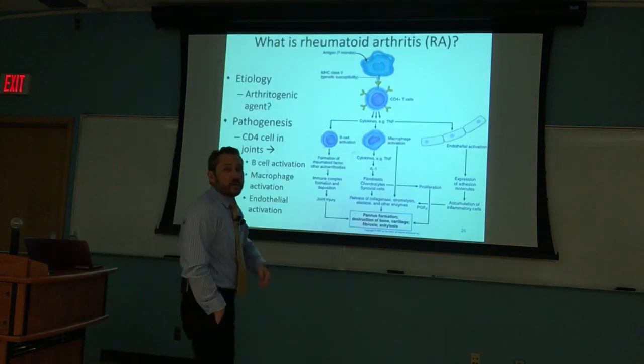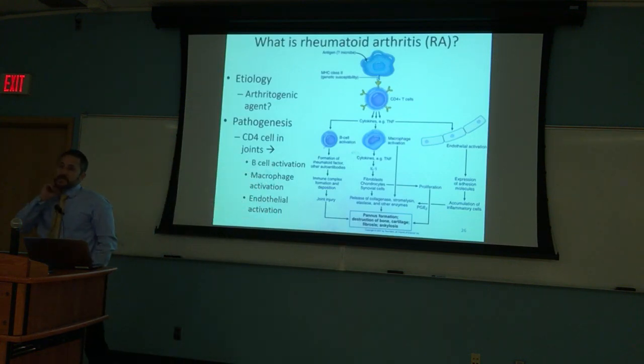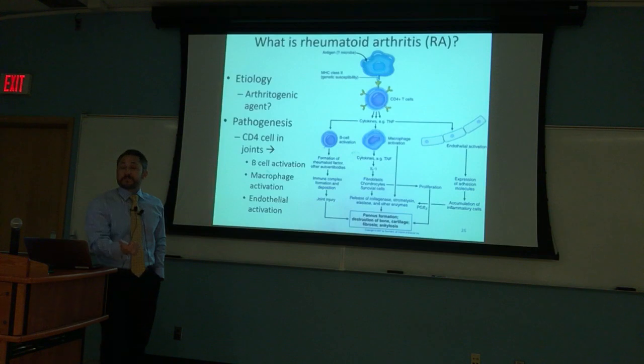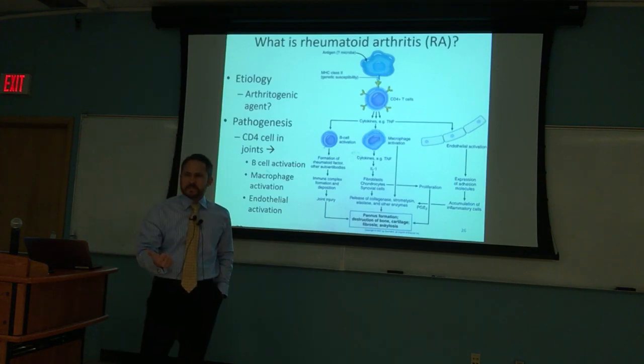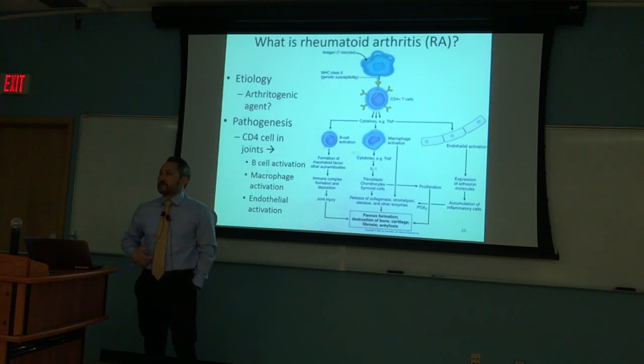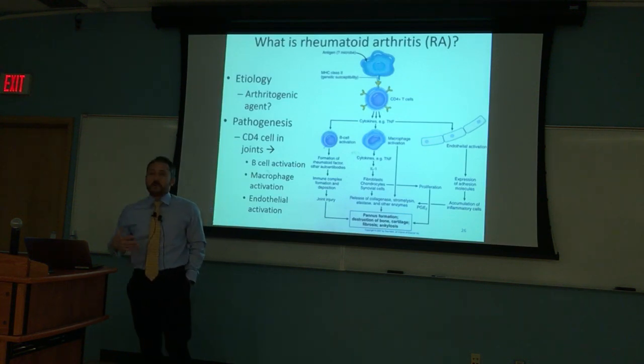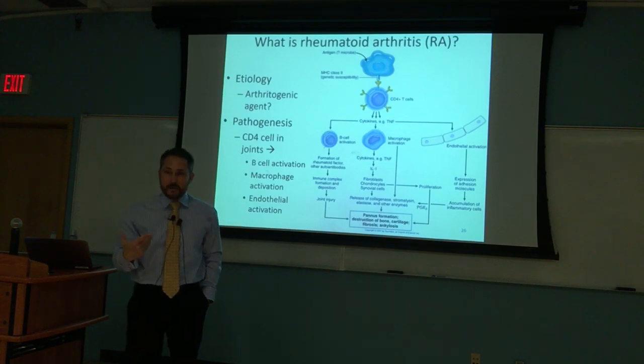So this is rheumatoid arthritis. Now, let me pause for a second and describe the difference. We talked about reactive arthritis, which is a type 3, because that's what's happening in the joints. This is rheumatoid arthritis. And then probably a lot of your parents and grandparents complain of what we call osteoarthritis.